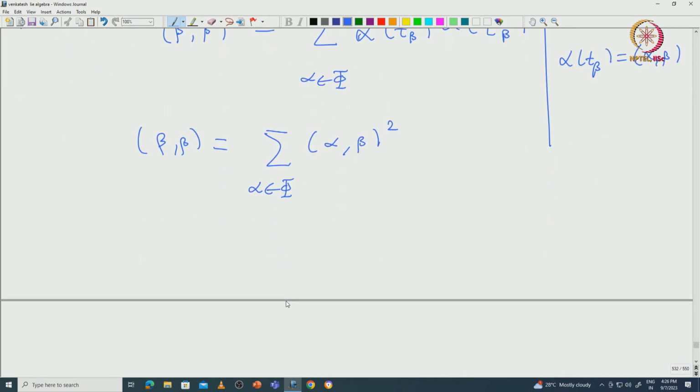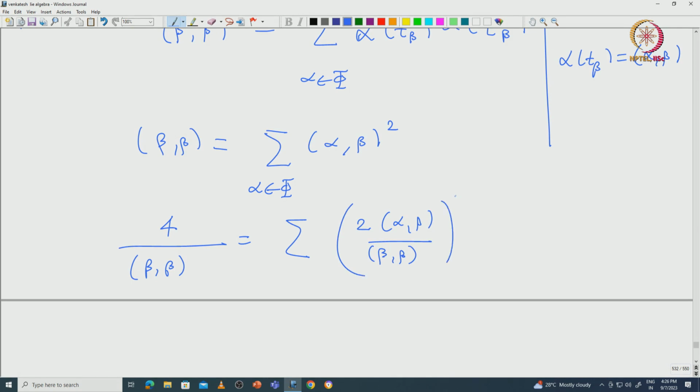So, now if you just divide by 4 times (beta, beta) squared, then you get that 4 divided by (beta, beta) is exactly equal to the summation of (2 (alpha, beta) divided by (beta, beta)) whole squared, where alpha is running over phi.